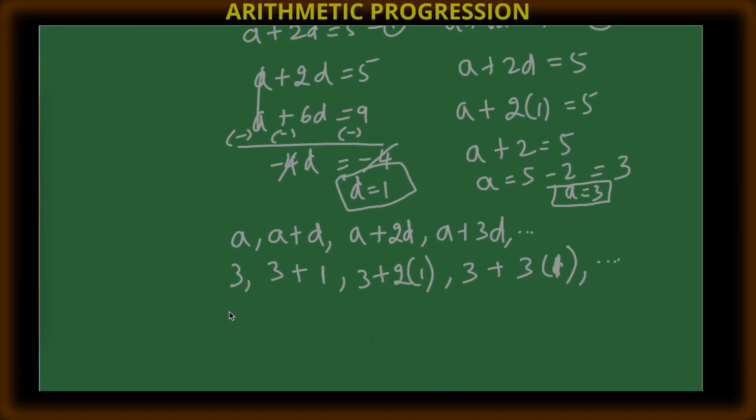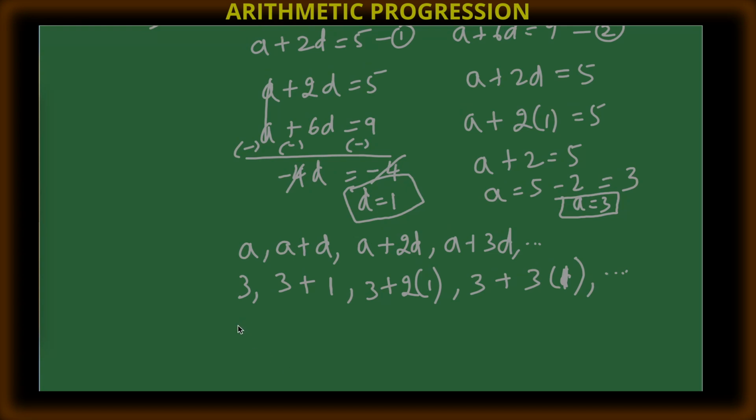So let's see what it is. 3 plus 1 is 4, 3 plus 2 is 5, 3 plus 3 is 6.